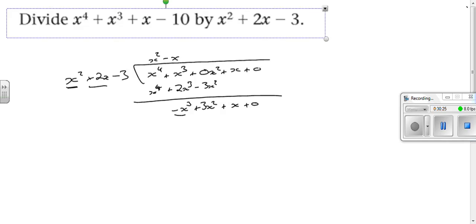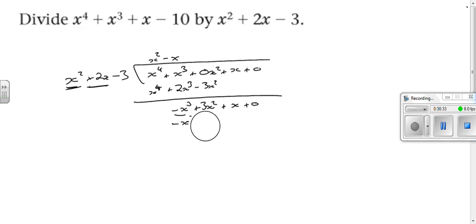So multiply everything by minus x, and we're going to get minus x cubed, minus 2x squared, plus 3x. Sorry, that was x cubed there. So top line take away the bottom line. The first one goes 3x squared take away minus 2x squared is 5x squared. x take away 3x is going to be minus 2x, and then plus 0.